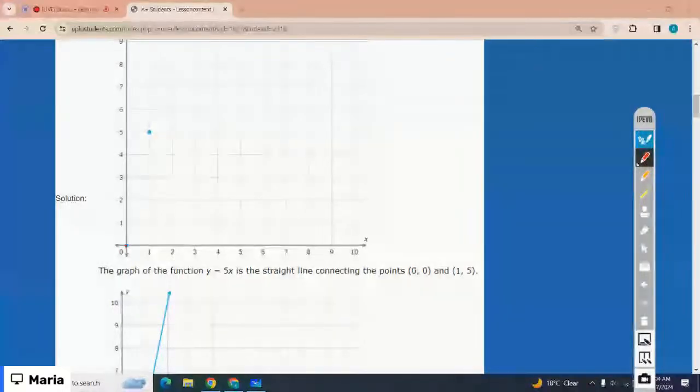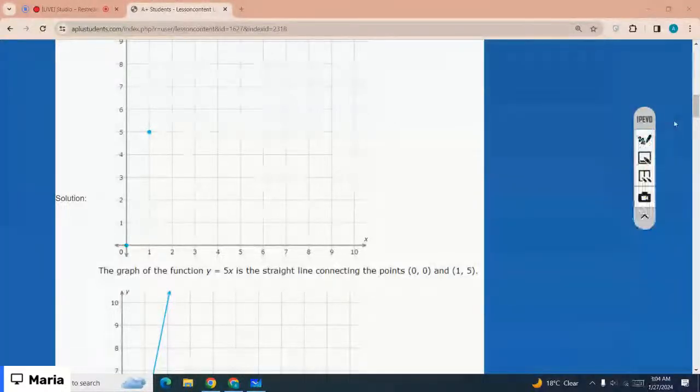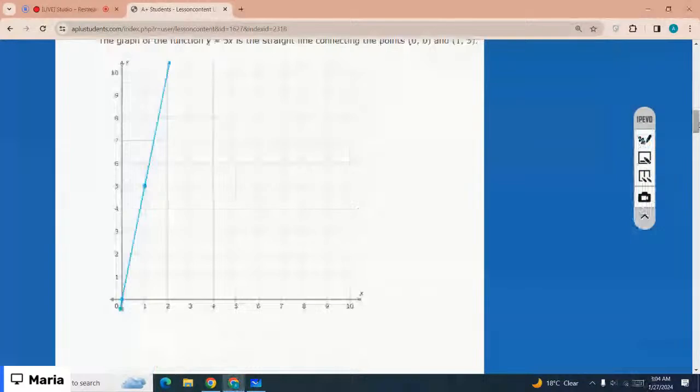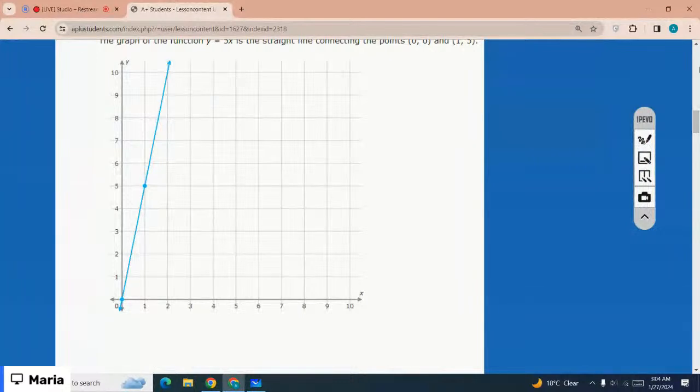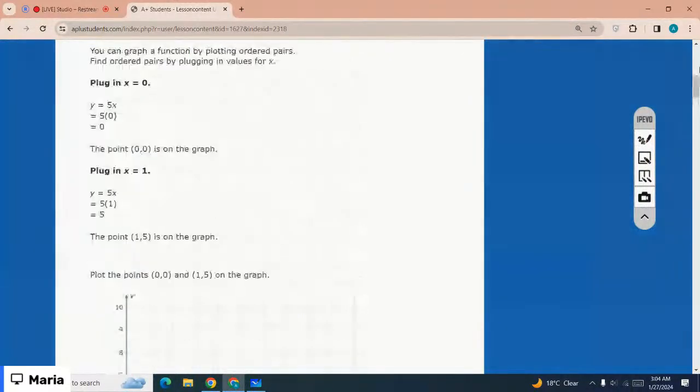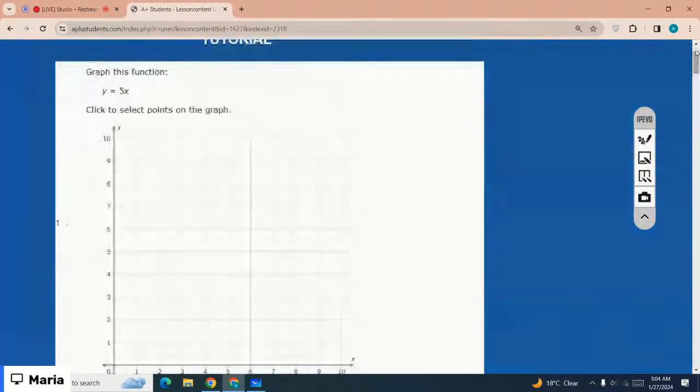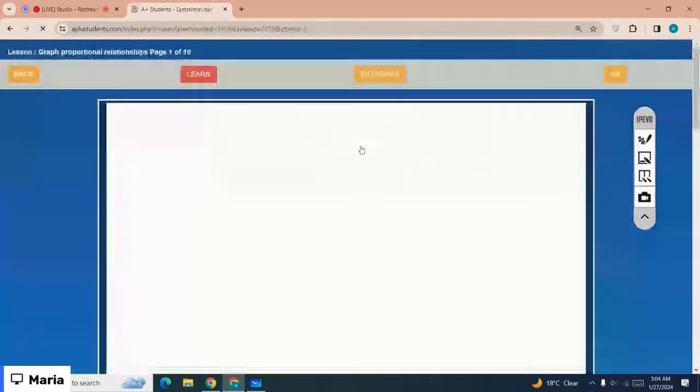So just join these points and make a line. When you connect these 2 points to make a line, here is the graph of y equals 5x. Let's just go with the practice questions, we'll make the graph, then it is easy for you to understand.